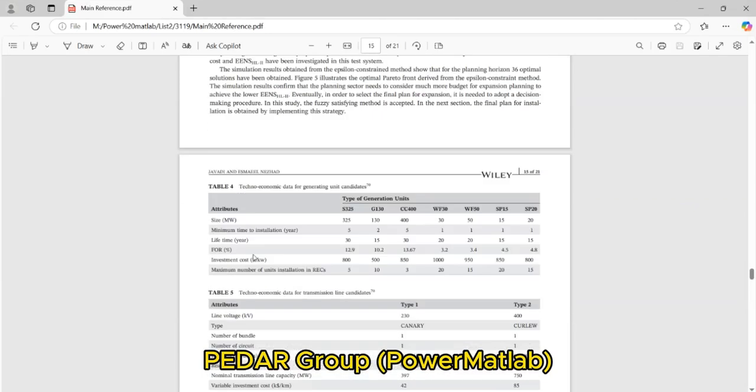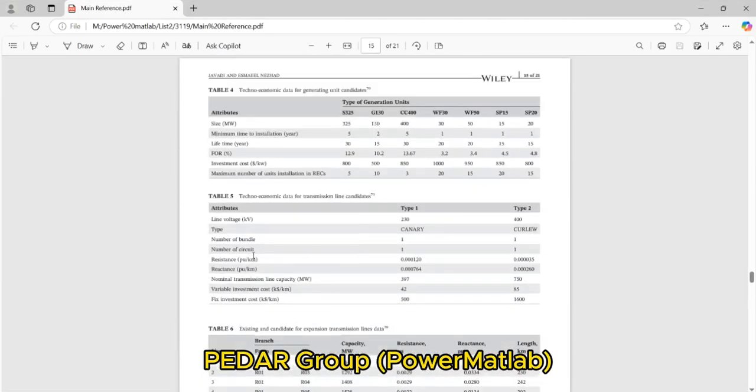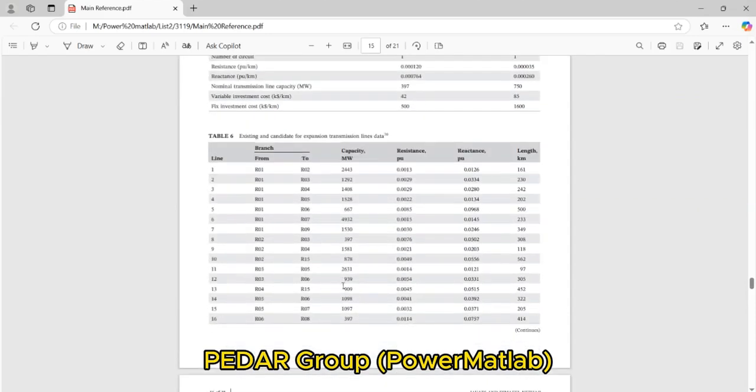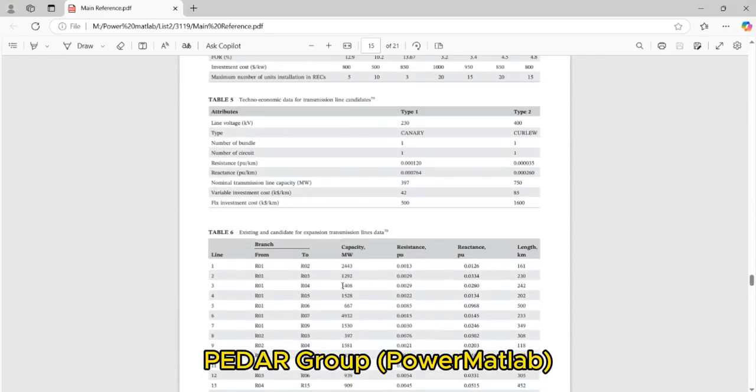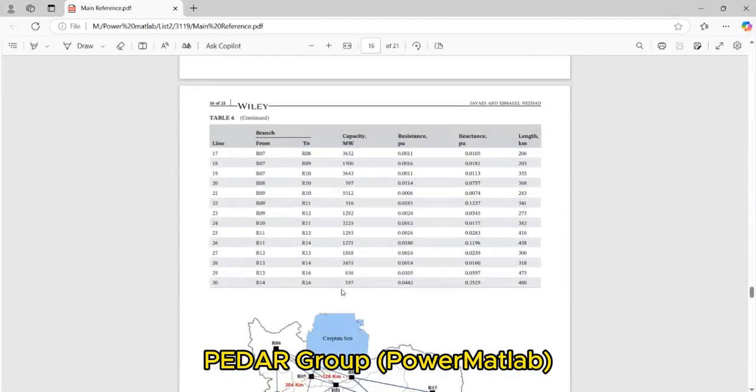Also, you can see different details of the generation units and the transmission lines discussed in table 5 and table 6.